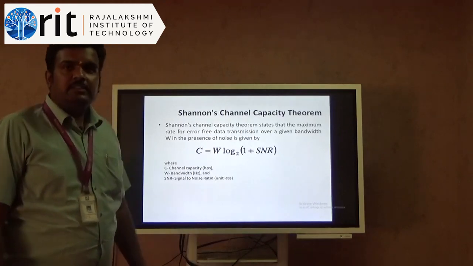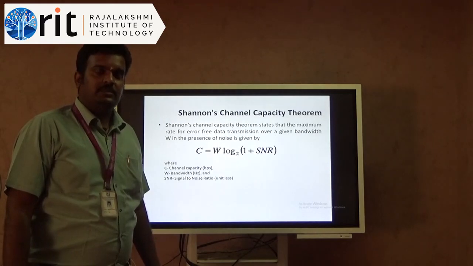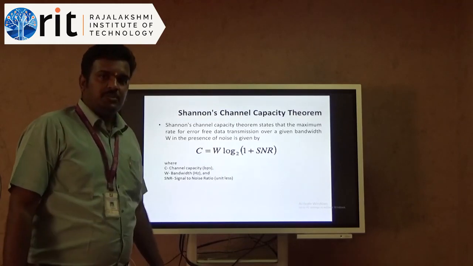Before we devise the channel model for any MIMO system or multiple antenna system, we need to get insights about the channel capacity theorem proposed by Shannon.